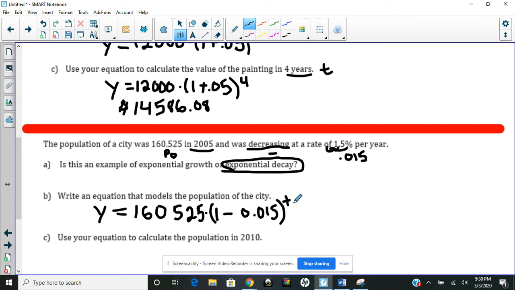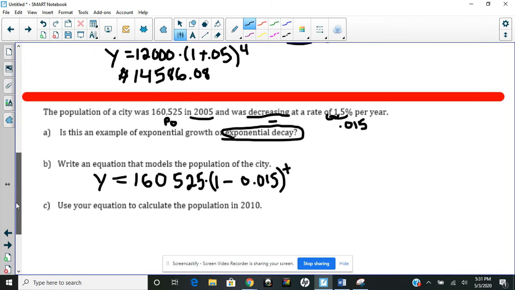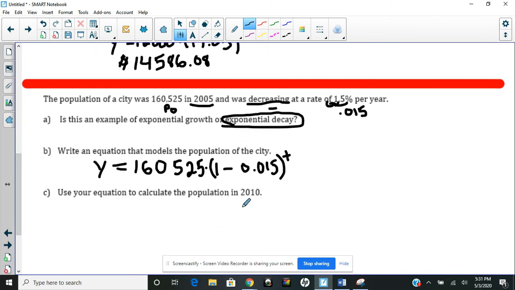So the only difference between this problem and the problem before was now it's minus because it's going down, it's decreasing. Last problem. Use your equation to calculate the population in 2010.